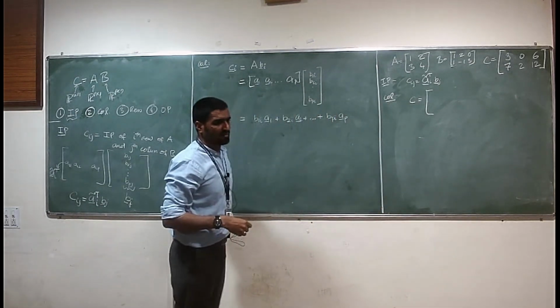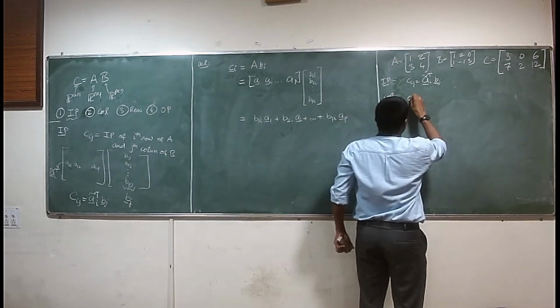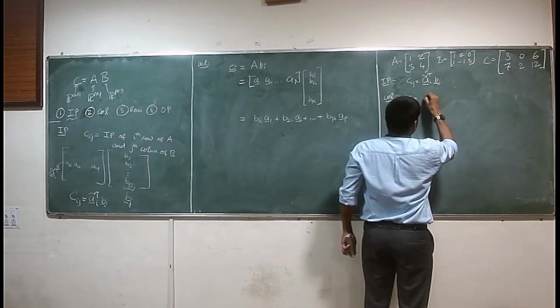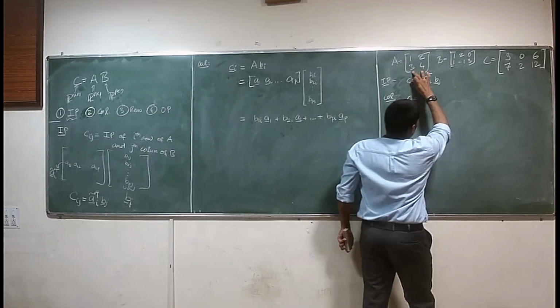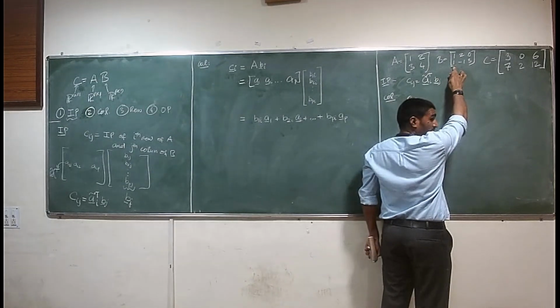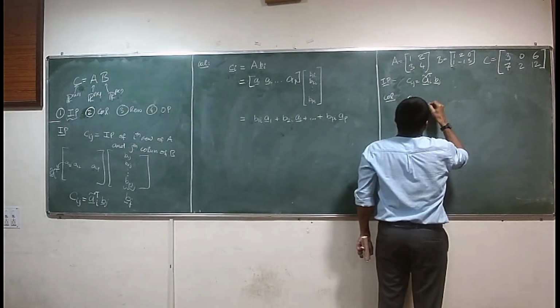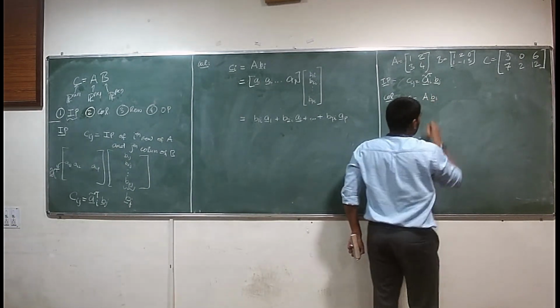Is it clear? Okay, we are talking about the first column of C, right? C1 should be a linear combination of the columns of A, and the exact mixture for the linear combination comes from the first column of B. That means this is simply A multiplied by B1.